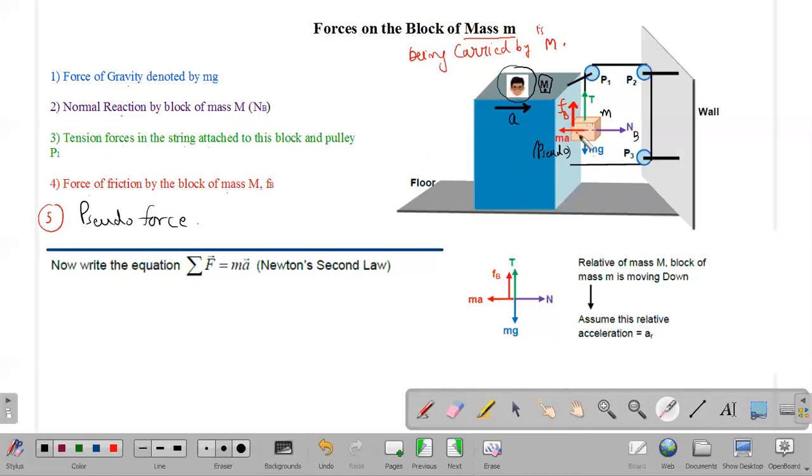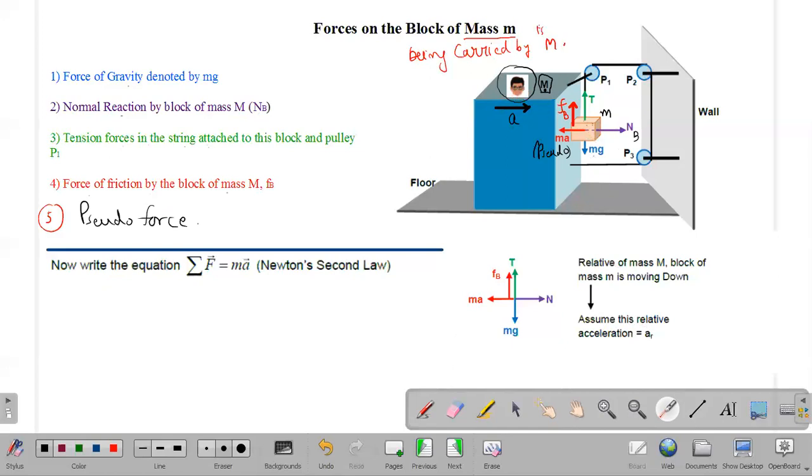So this person will never find that mass m is moving to the right side, as the person itself is moving to the right side, and relative to this person, the mass is at rest in the horizontal dimension. But yes, it is making a motion in the y direction in which the mass m is falling down.